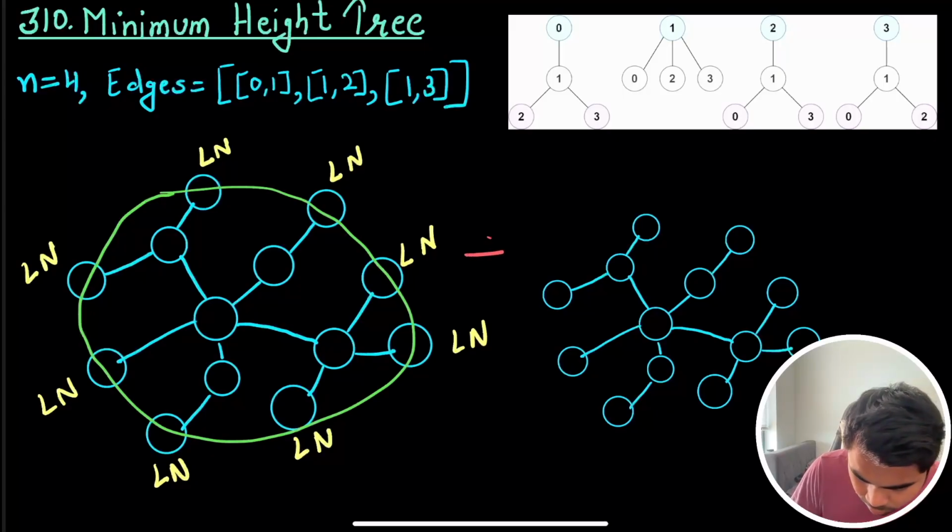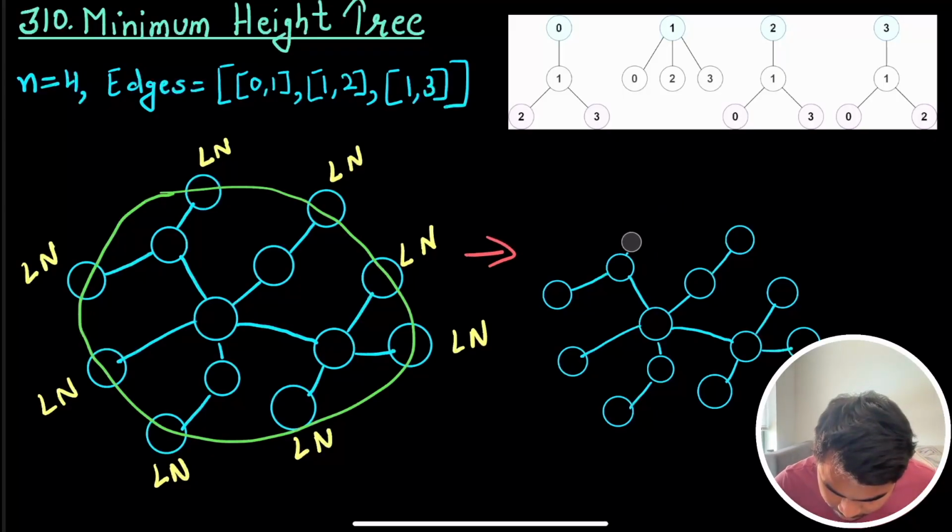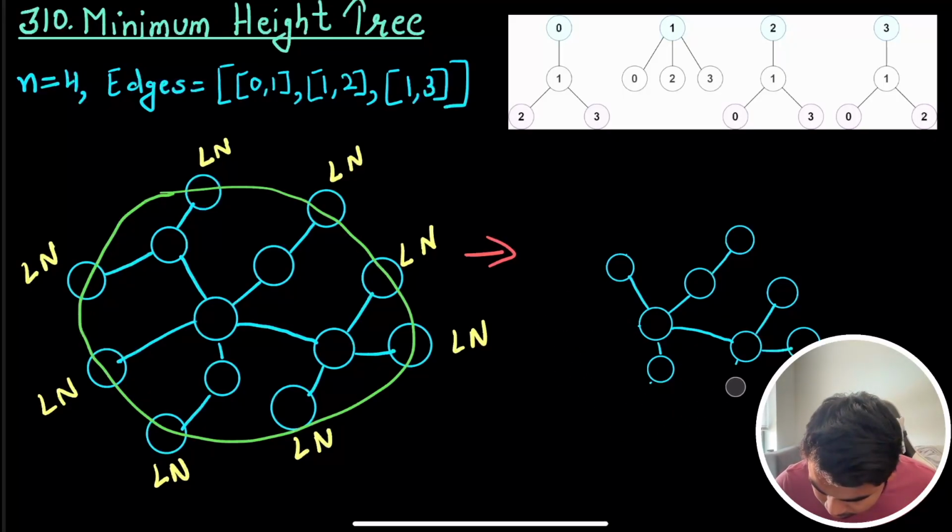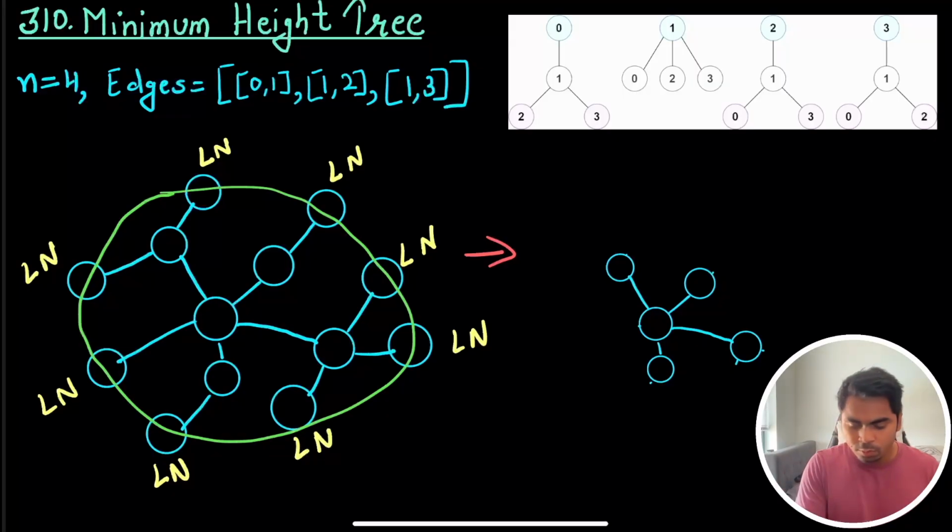So I'm just removing these leaves, and removing means getting rid of this, getting rid of this. This is also a leaf, this is a leaf, and this is a leaf. So after pruning those, I'm getting somewhere here. Any of these should be my answer now.